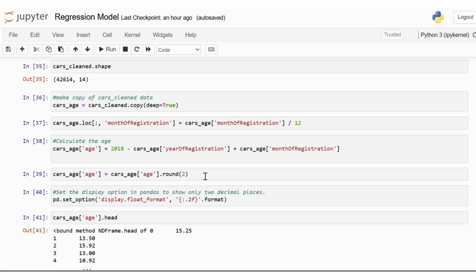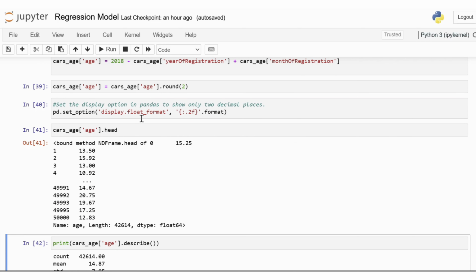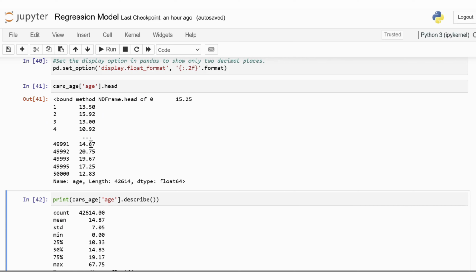Also, we will set the display option in pandas to show only 2 decimal places. After running this code, you'll notice a new column age added to your data frame, showing the precise age of each car in decimals. The values will be rounded to 2 decimal places for consistency. This process helps in ensuring that our data is clean and ready for further analysis.